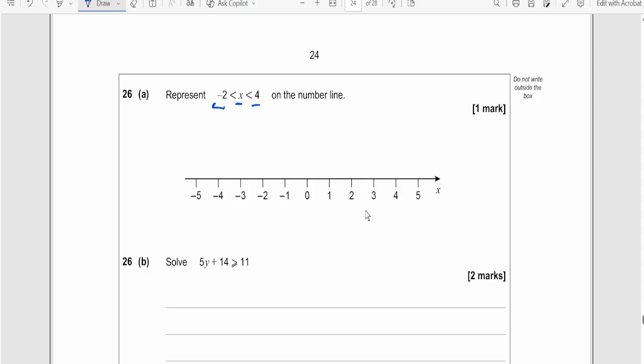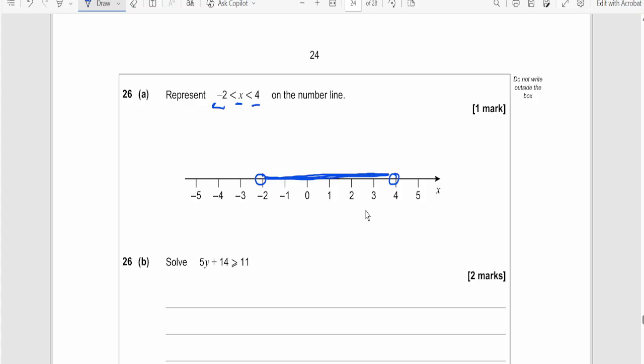Negative 2 is this and 4 is this. So the values which are greater than negative 2 are these and less than 4 these.